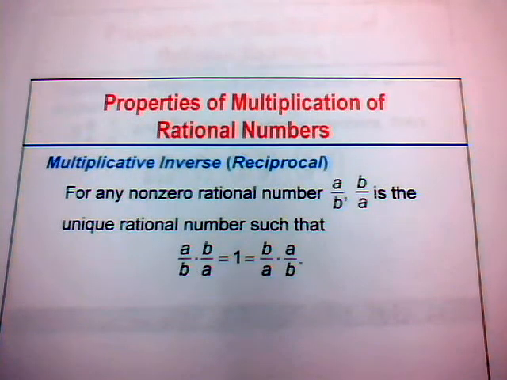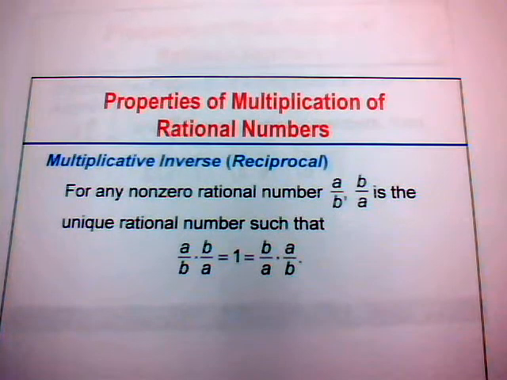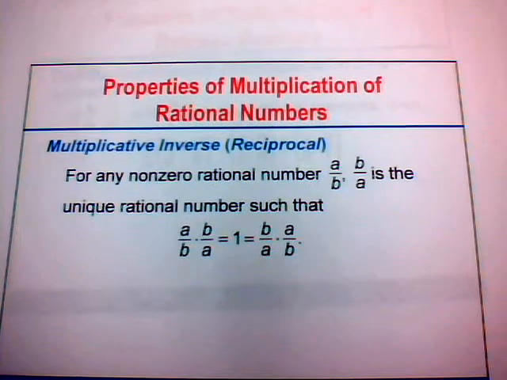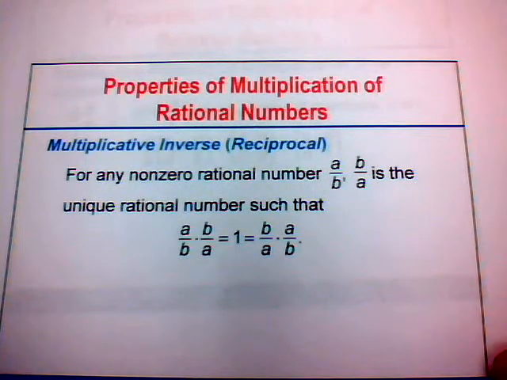And the multiplicative inverse, this is another term for the reciprocal. For any non-zero rational number a over b, b over a is the unique rational number such that a over b times b over a is equal to 1. Or b over a times a over b would also equal 1.